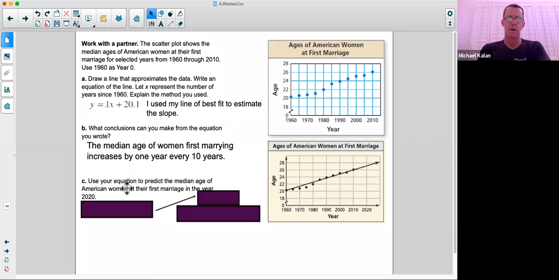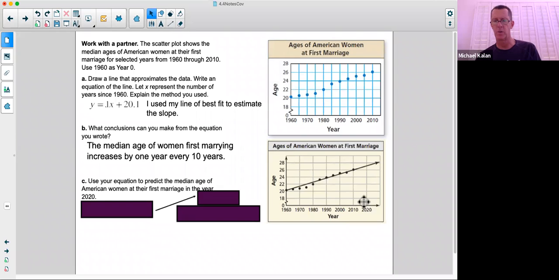So on part C here, we're going to say, use your equation to predict the median age for American women at their first marriage in the year 2020, this year. What do you think it would be? Yeah, you could go over here and look at your line of fit, right? And do it this way. Looks like that would be about 27? Or since they said use the equation, couldn't we plug in for the number of years?